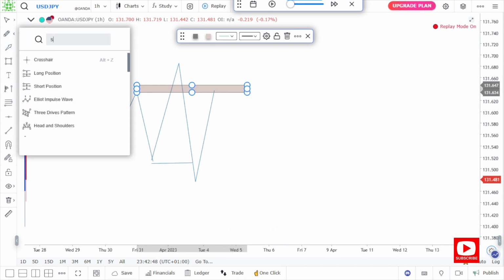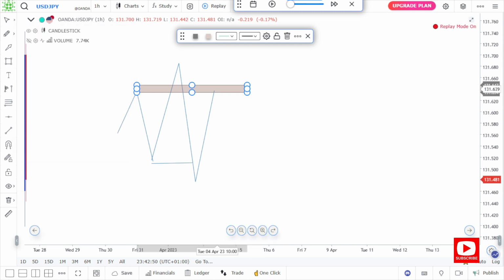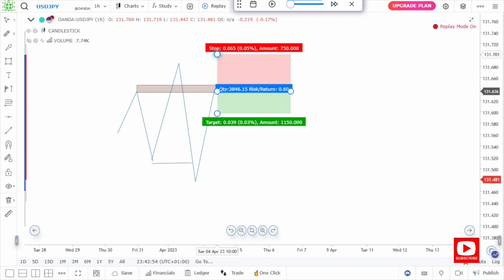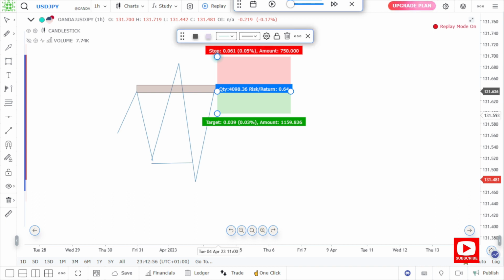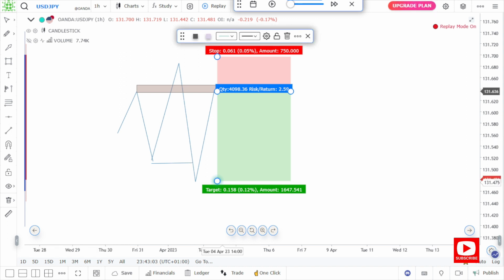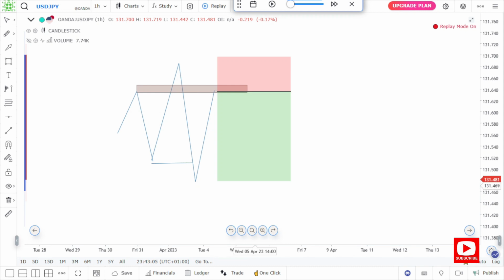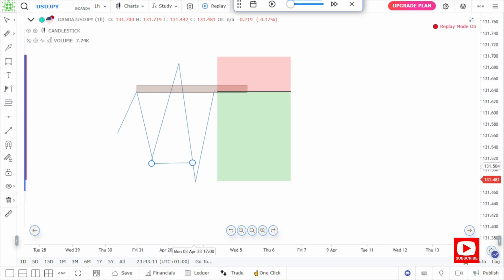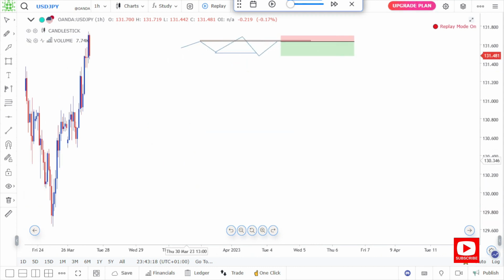Take our short positions right here. Stop loss slightly above the Quasimodo. Then take profit 1 is going to be the first zone, and take profit 2 is going to be the lower zones right here. Now this is basically a bearish Quasimodo pattern, and it must follow a break of structure, and let's see it on a real chart.